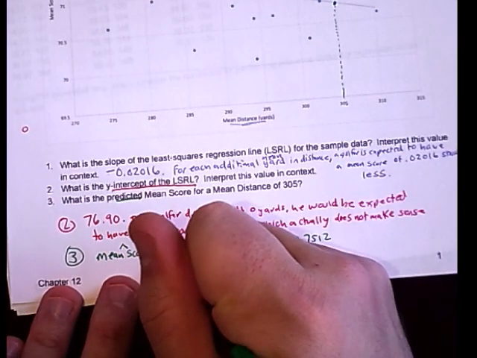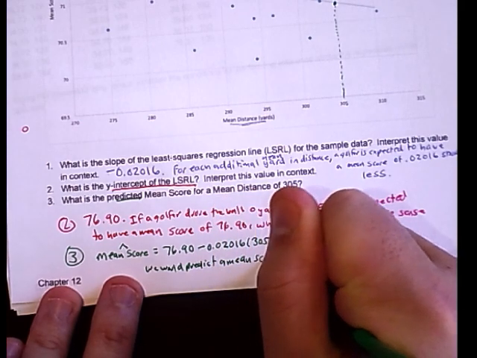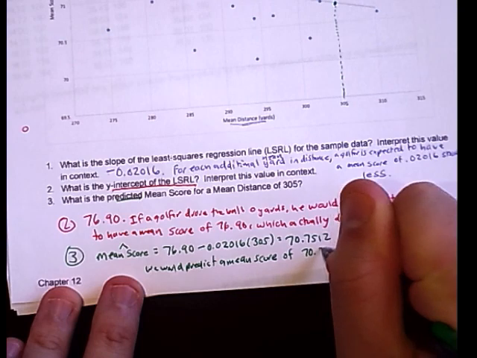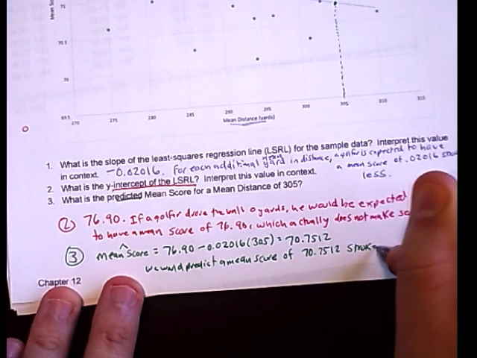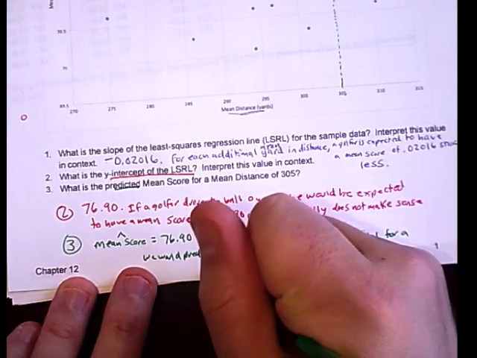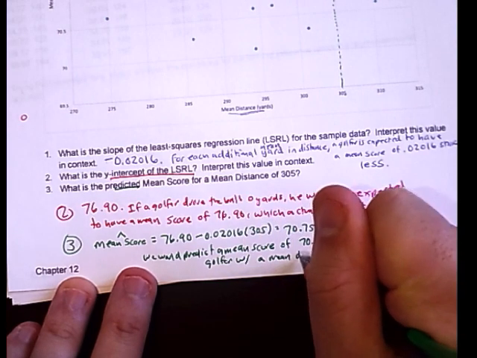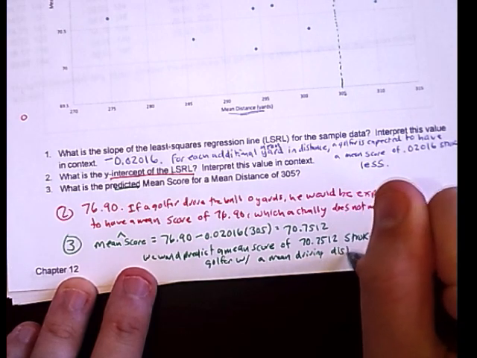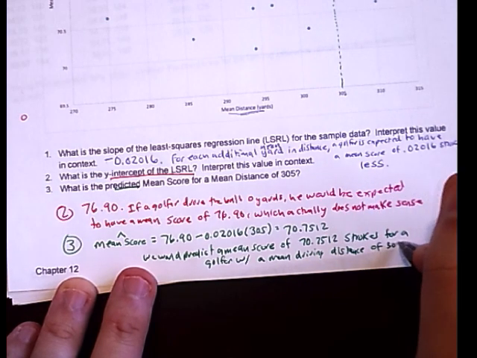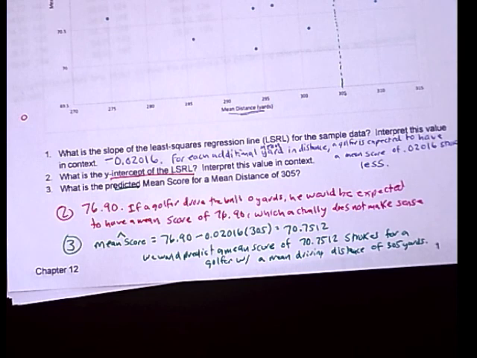So therefore, we would predict a mean score of 70.7512 strokes, okay, for a golfer with a mean driving distance of 305 yards. So that hopefully is just a review of some of the stuff we did back in chapter 3.